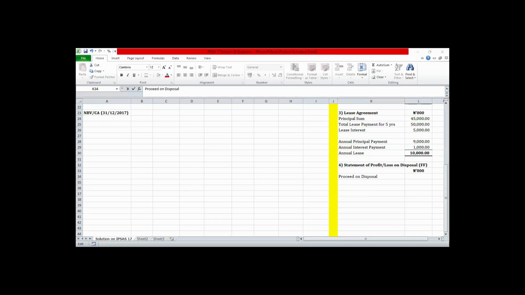Office furniture that cost 12,250,000 was disposed of during the year for 11,500,000. That is, the proceed on that disposal is 11,500,000. That is what they call proceed. Is it clear? Yes, sir.